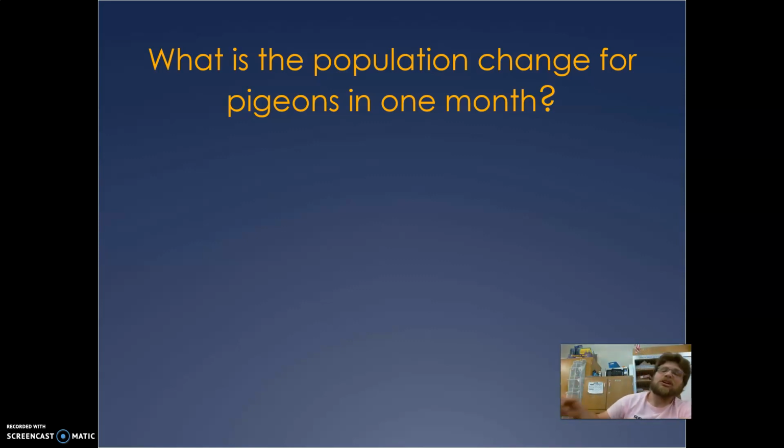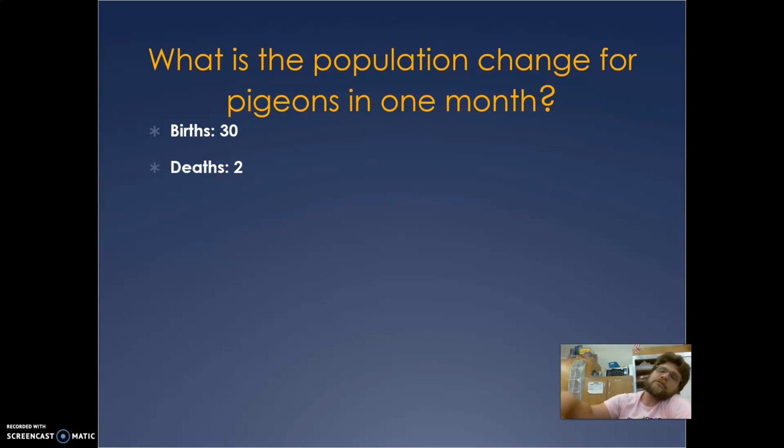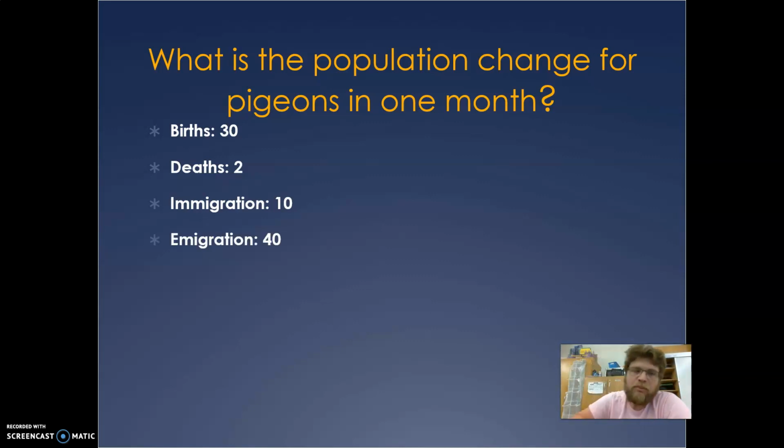They can't steal your lunches anymore. Well, okay, so we gotta calculate our 4 measures. Births, 30 pigeons were born. Deaths, 2 of them kicked the can and died. Immigration, 10 new pigeons from Buchanan flew in, but 40 pigeons said, this place is no good. I miss human food. I'm gonna go find a different habitat.